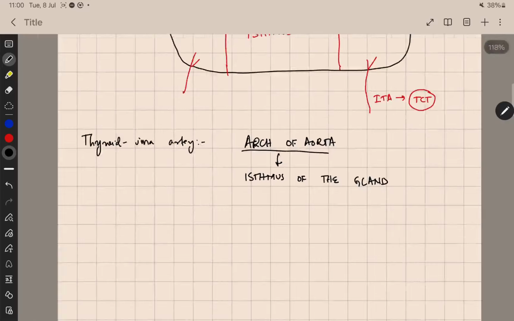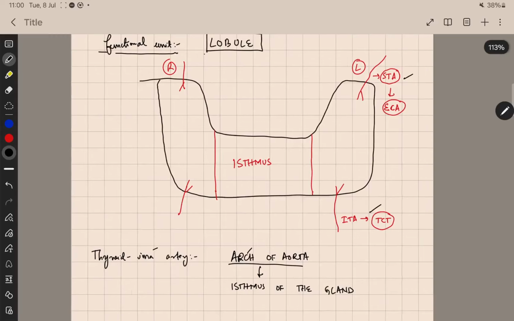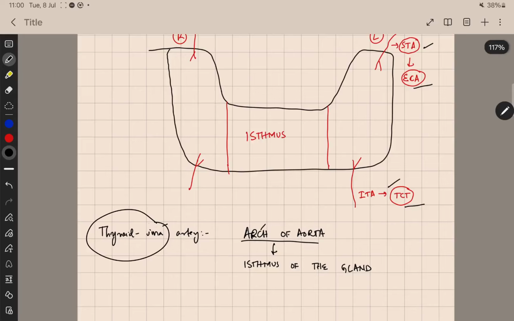So this is the arterial supply: superior thyroid artery, inferior thyroid artery, and thyroid ima artery. Superior thyroid artery is a branch of external carotid artery. Inferior thyroid artery is a branch of thyrocervical trunk, and thyroid ima artery is a branch of the arch of aorta, which goes to the isthmus.